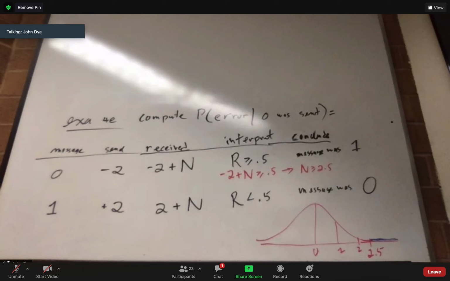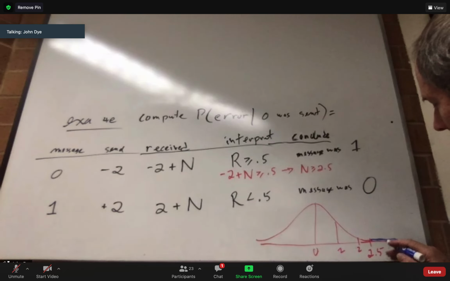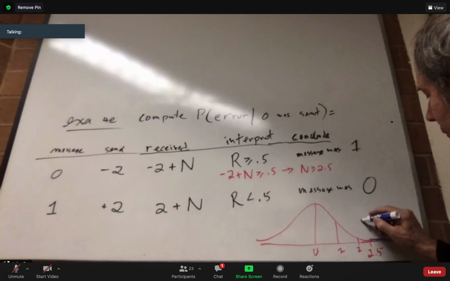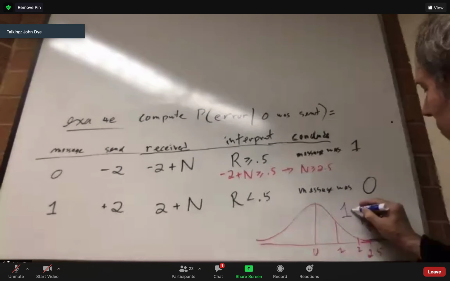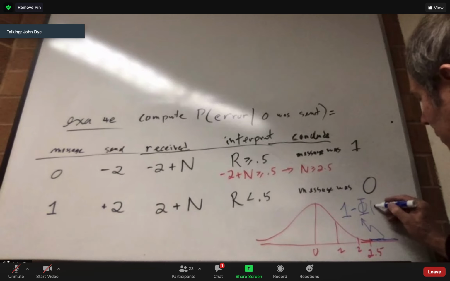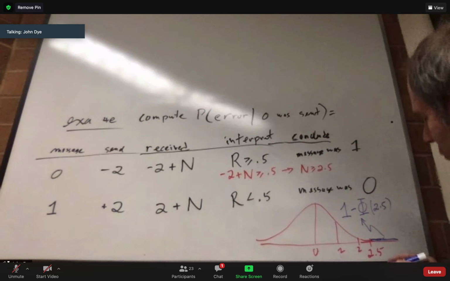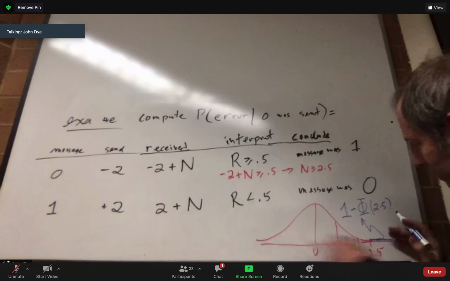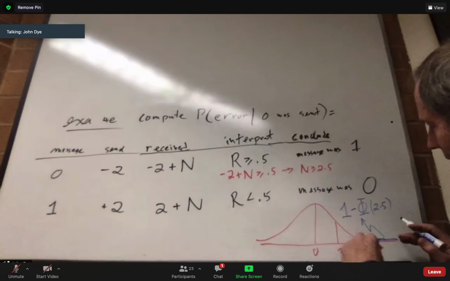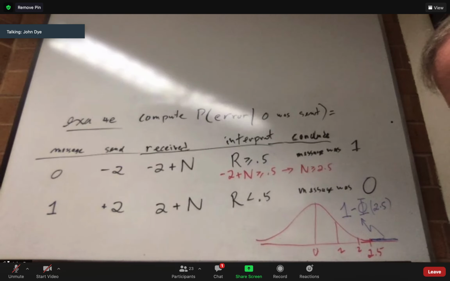To get the blue dust, it's 1 minus phi, which is the CDF of the standard normal, of 2.5. Everything is everything, but we just want the little blue. So I'm going to take everything, which is 1, minus all of this, the CDF up to 2.5.